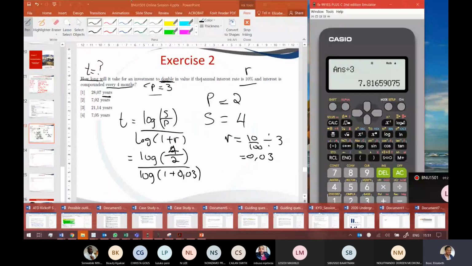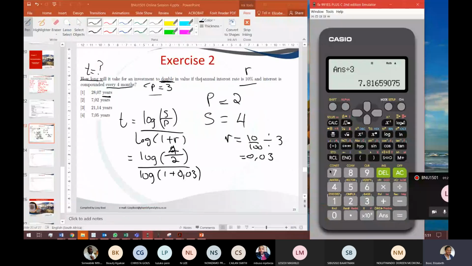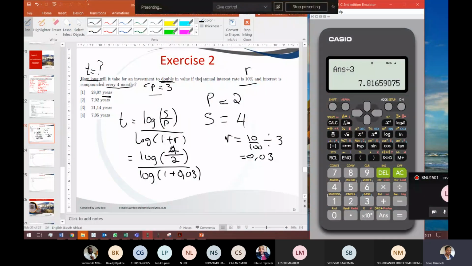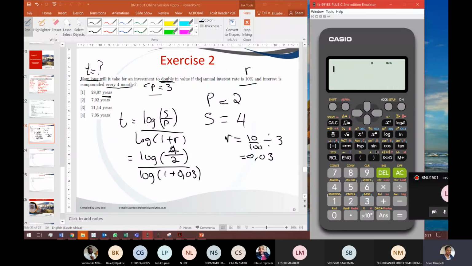Let's do it on a financial calculator. It makes my life easier that way. I will come back and see which one I did not do right there. The answer should at least be one of the options in here. Let's use the financial calculator and see if we get the same answer.